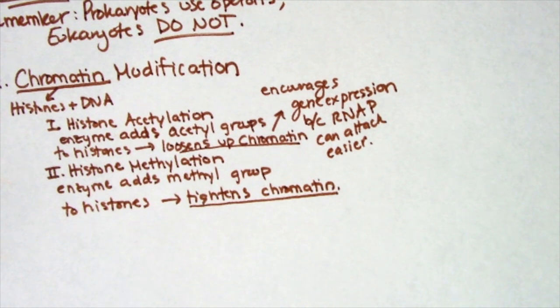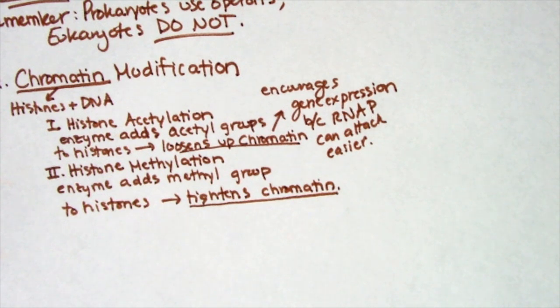So what I do want to show you here, if you take a look at the screen. On the right here, I've got methylation. On the left here, I have acetylation. Now, what these circles are representing are the cluster of histones.